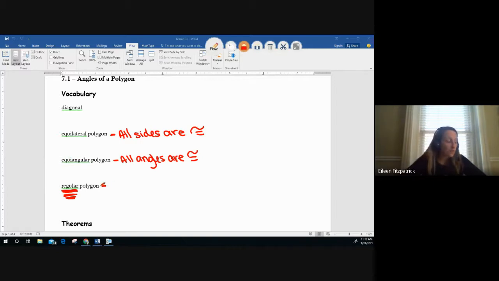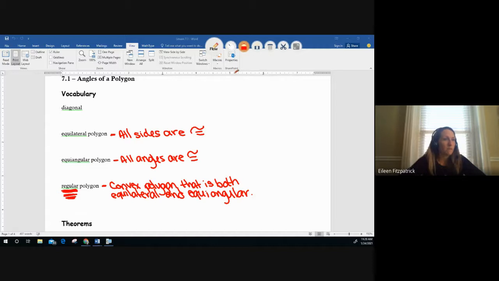Now, the formal definition is it's a convex polygon that is both equilateral and equiangular.